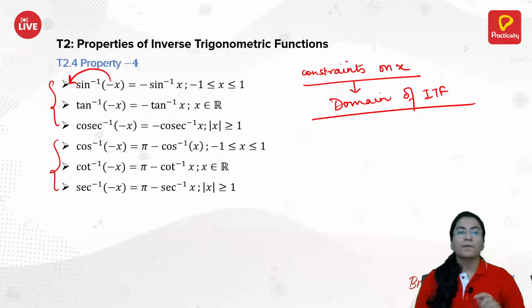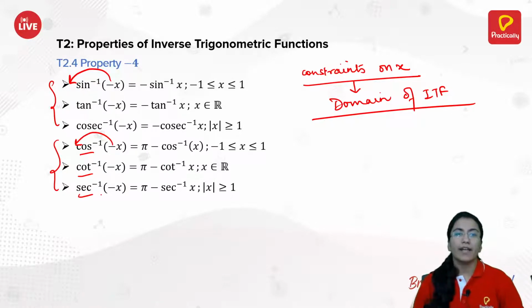And in the case of cos inverse, cot inverse and secant inverse, the minus sign jumps out, that's sure in all the cases, but in these three cases you need to add pi: pi minus cos inverse x, pi minus cot inverse x, pi minus secant inverse x.